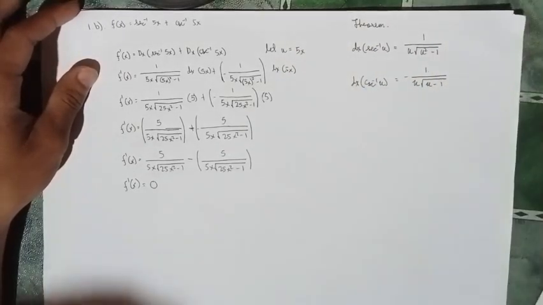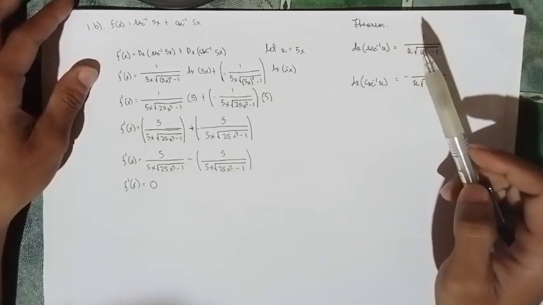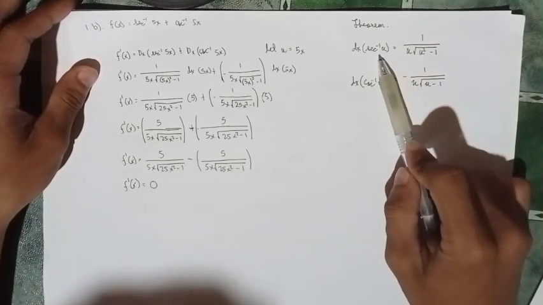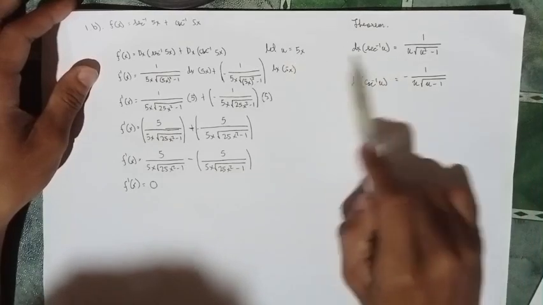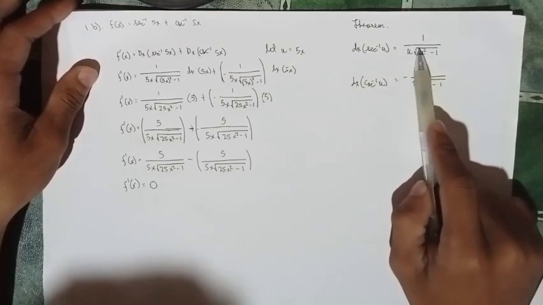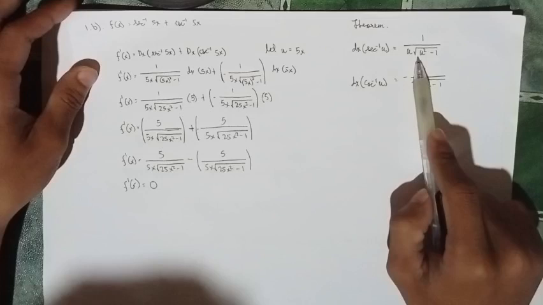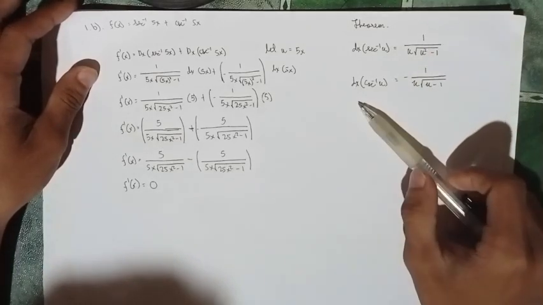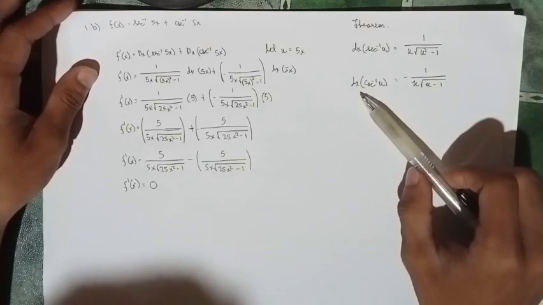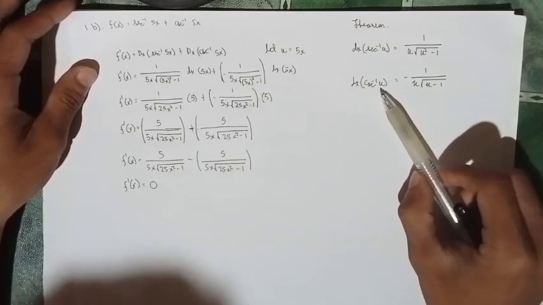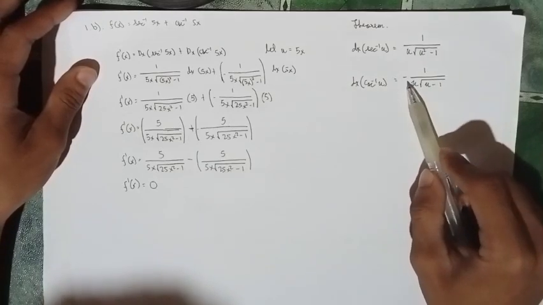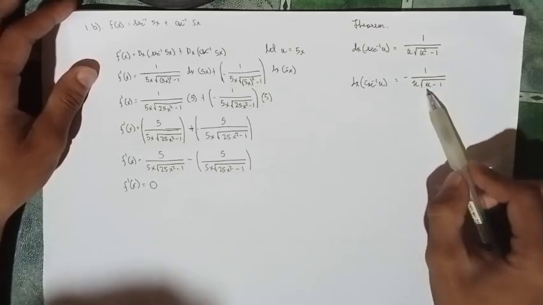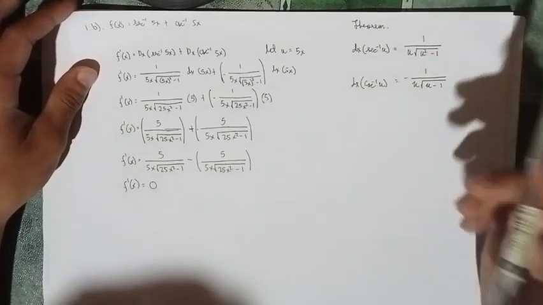Then in that theorem, on the arc secant, u is 5x, so the derivative is 1 all over u square root of u squared minus 1. And on the arc cosecant, the derivative is negative 1 all over u square root of u squared minus 1.